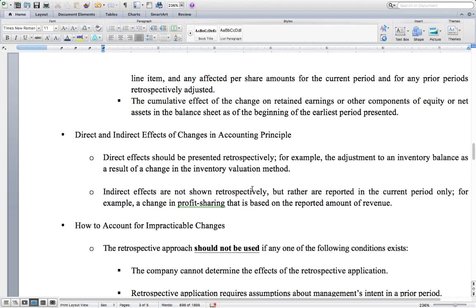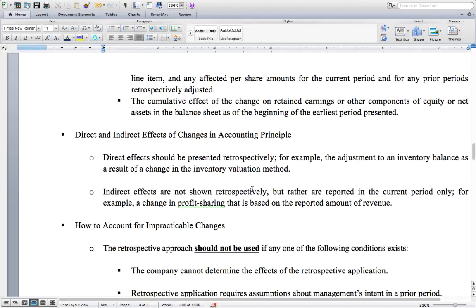When you make a change in accounting principle, there are direct and indirect effects to the company's financials. Direct effects should be presented retrospectively. Therefore, they are presented similarly to how you just did the change in accounting principle. As an example, an adjustment to an inventory balance as a result of the change in the inventory valuation method.